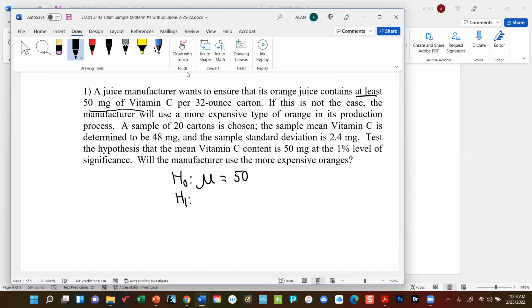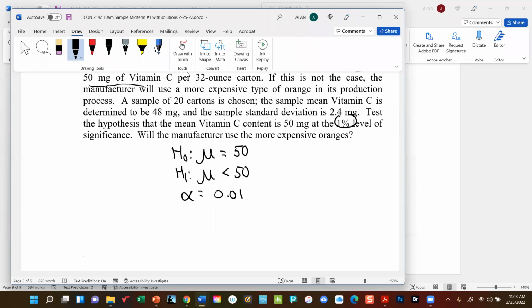The way it's written, if the mean is below 50, then we have a problem that has to be addressed, and we have to make a change. That's why it's a left-tailed test. But we don't want to do that unless it's absolutely necessary. Alpha is 0.01 because they need really hard evidence before they do this. It is not going to be cheap.